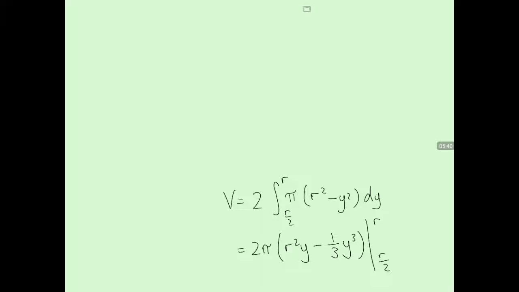So if we bring this over to the top over here, we can evaluate this definite integral by plugging in the values.